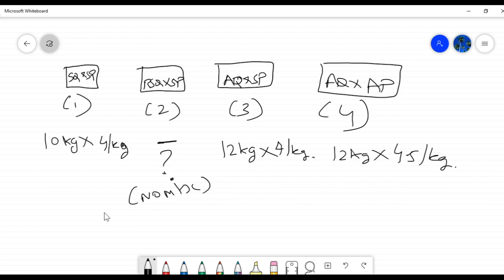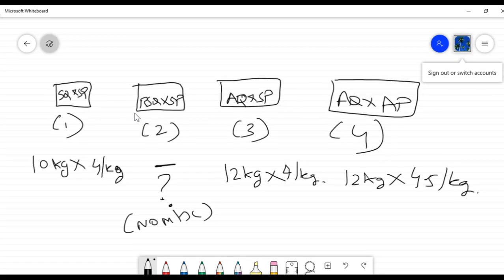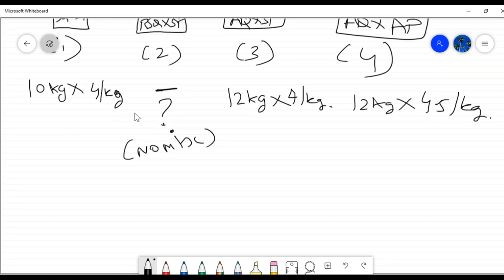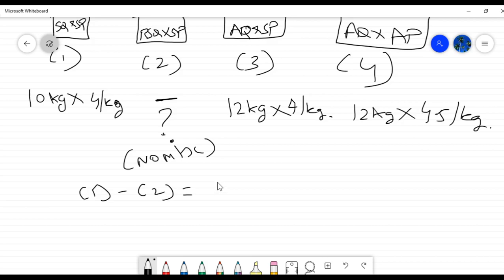So what should I do? 1 minus 2 is what? Sub usage or yield variance. That is nil, 0.